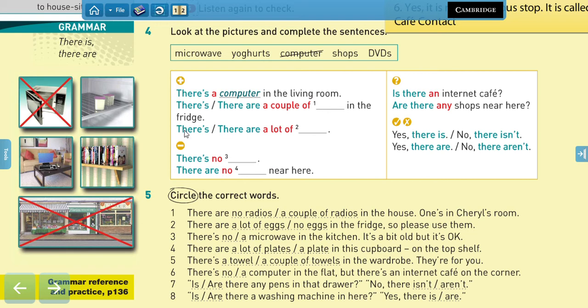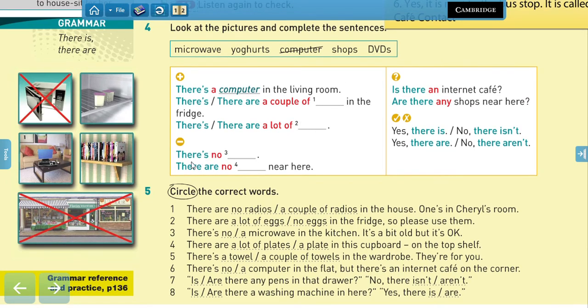And then we have there is or there are a lot of DVDs. Yes? This only happens when we use these expressions, because if we don't have them, we would say there are yogurts in the fridge, there are DVDs, right?